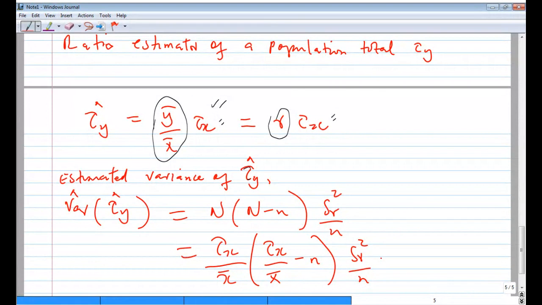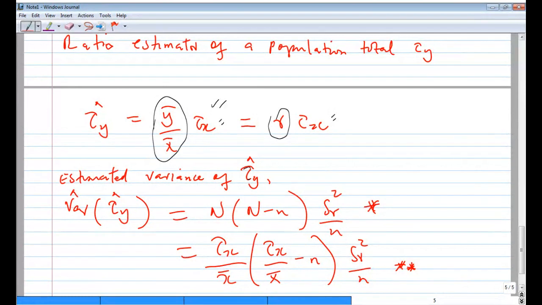Can you see the difference between this one and this one? The first one is when you have got the population size, so that is why we have N open brackets N minus n close brackets. The second one is when the population size is not given, so you can use the total weight, which is tau x divided by x bar. The x bar stands for the average.